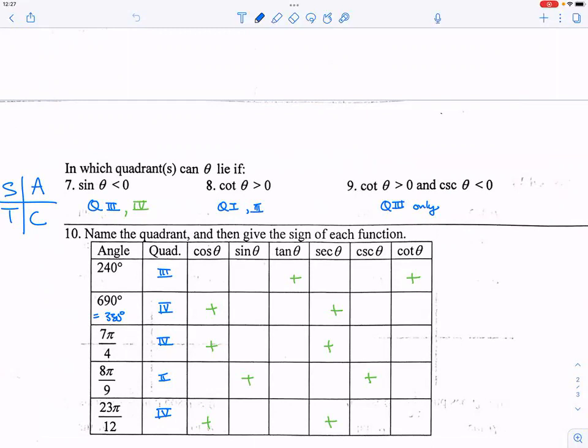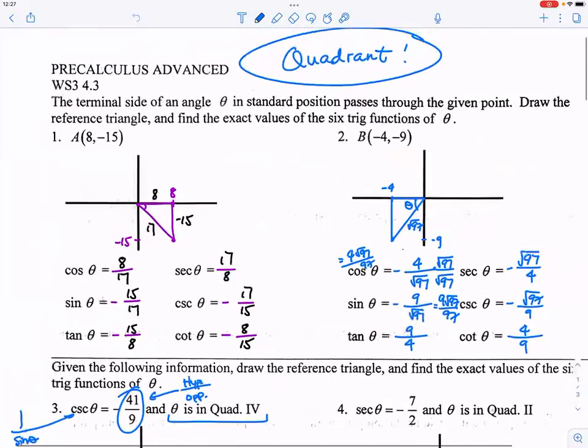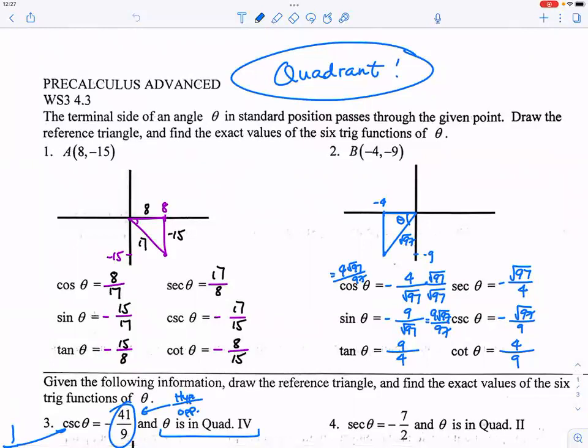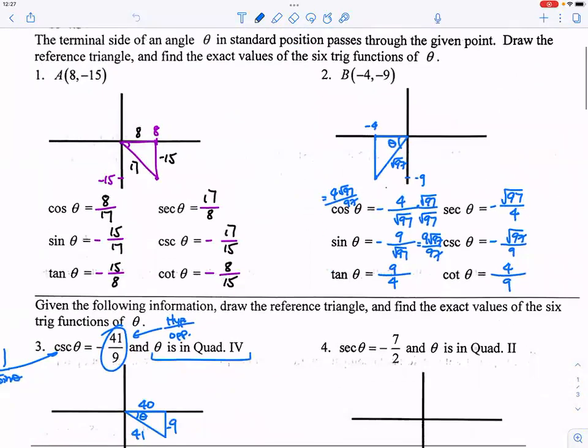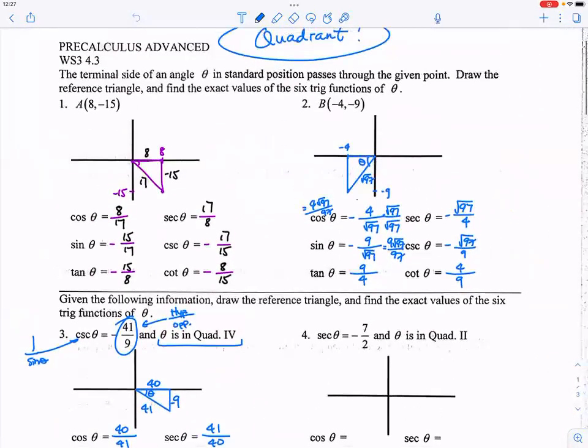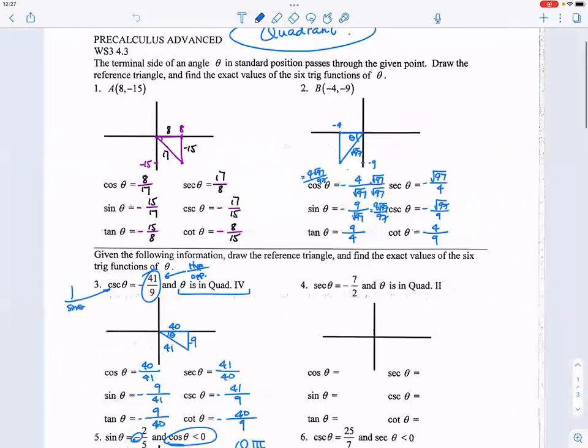It could be 2 quadrants, or just one single quadrant, so you have to state that. There'll be 2 questions. Just like this, we give you a point and you finish the rest. That's why last Friday I said the worksheet from last Friday will be a very good practice for the quiz.